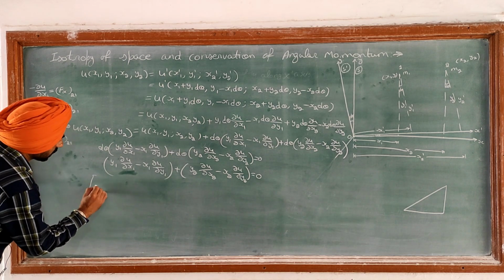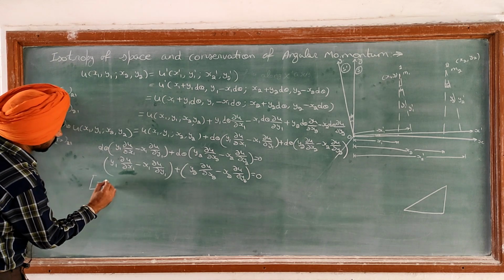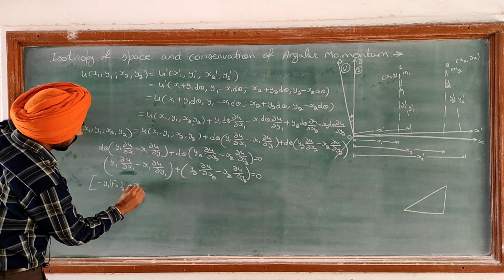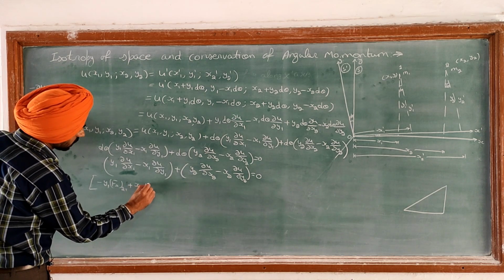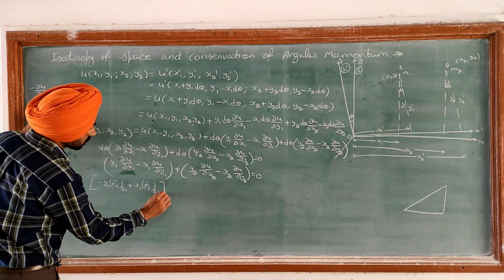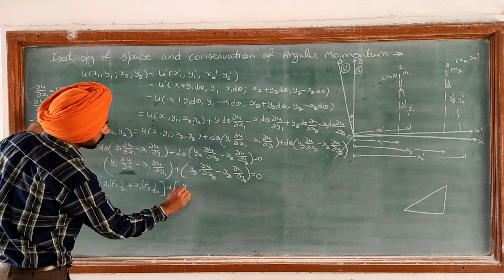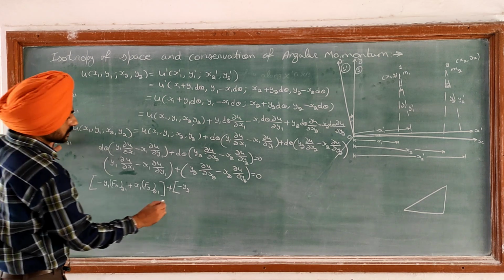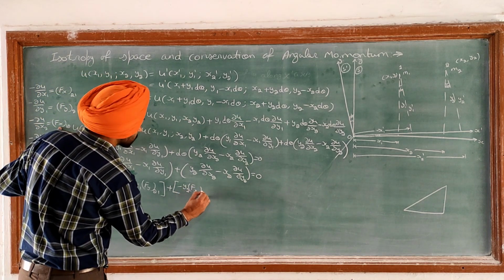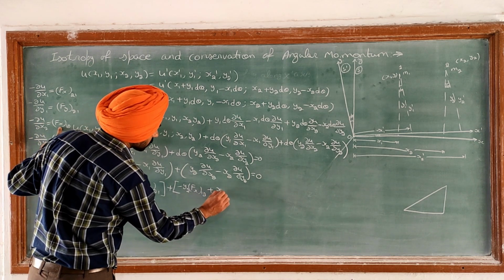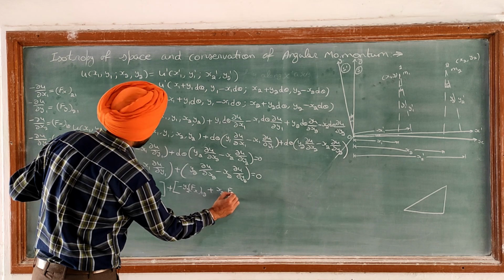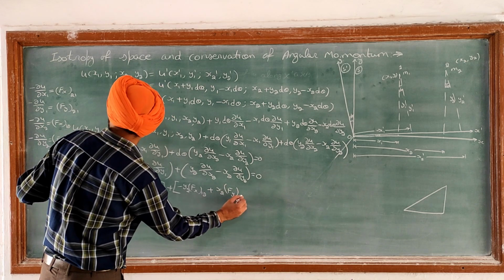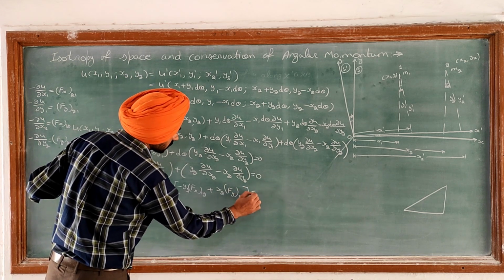It will be minus y1 ∂U/∂x1, which is fx21, plus x1 ∂U/∂y1, which is fy21, plus y2 ∂U/∂x2, this is x2, this is y2, is fx12, plus x2 fy21 is equal to 0.